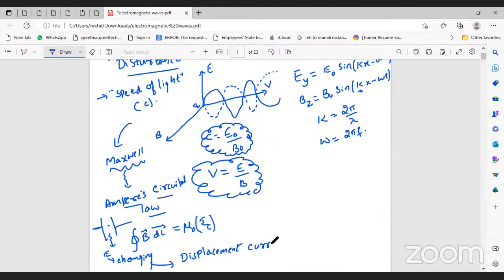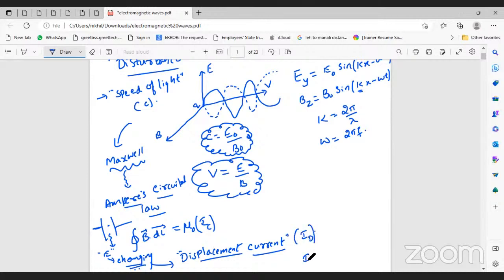So what is displacement current? Displacement current is the one which is going to constitute because of the changing electric field. Please remember that displacement current is denoted by the symbol ID.